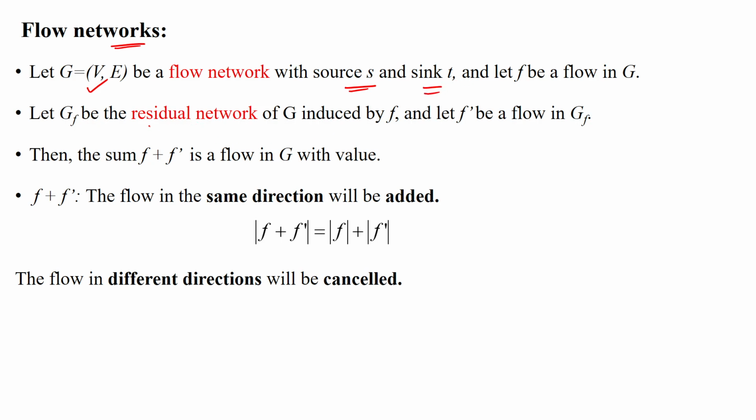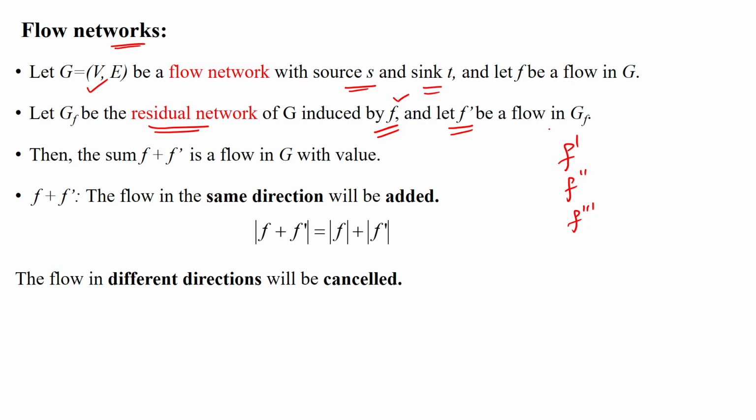Here the residual network has to be calculated for the given graph by using the flow, which is represented by f. Then if you are using f dash as a flow, that means for each and every iteration we will calculate f dash for the first iteration, f2 dash for the second iteration, f3 dash for the third iteration, like that.